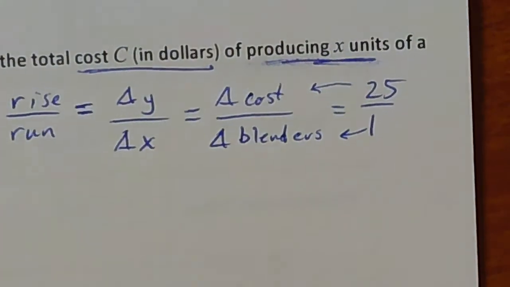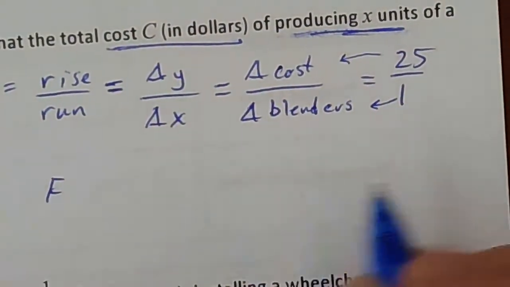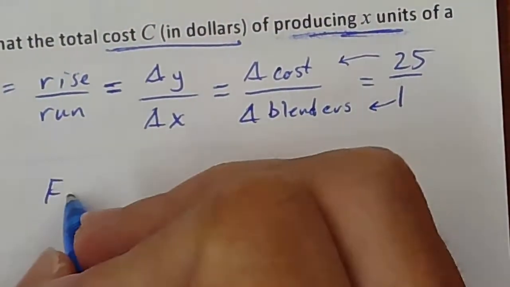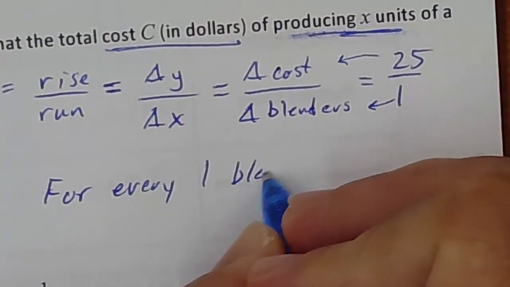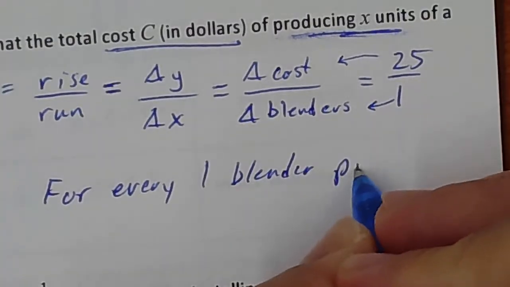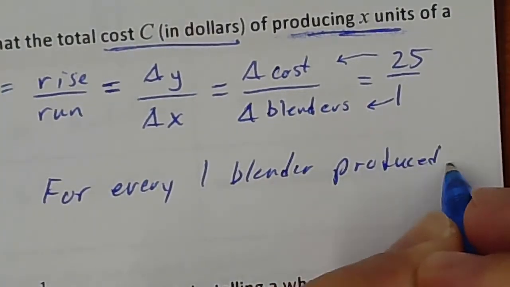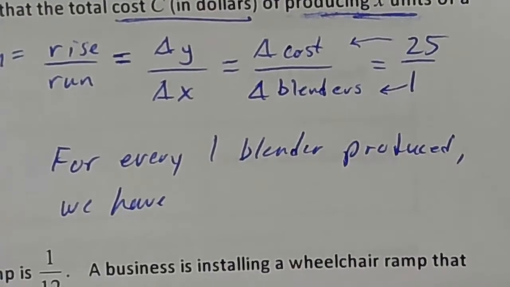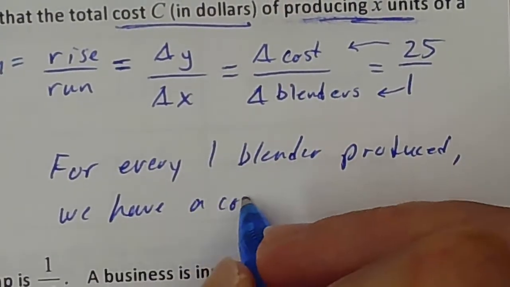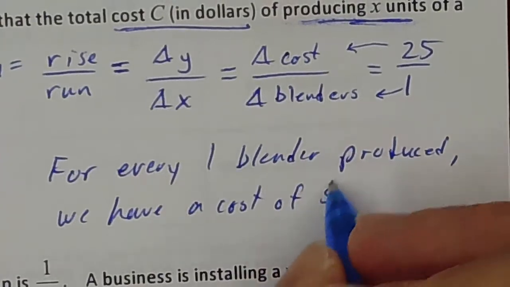So this is how we interpret this. It's usually better to start off in terms of x, by the way. So for every 1 blender produced, we have a cost, or they have a cost, whatever, as long as you're interpreting it correctly. We have a cost of $25.